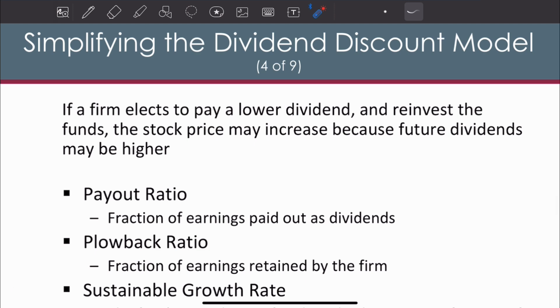Now, if a firm elects to pay a lower dividend and reinvests the funds, the stock price may increase because future dividends may be higher.